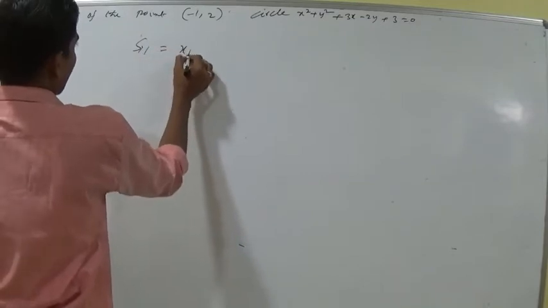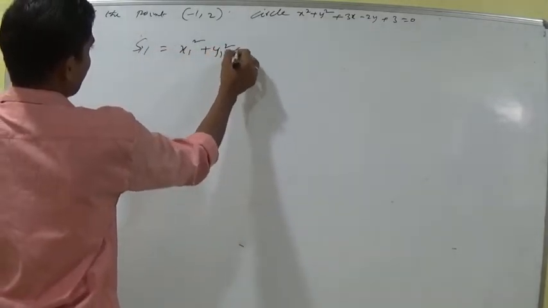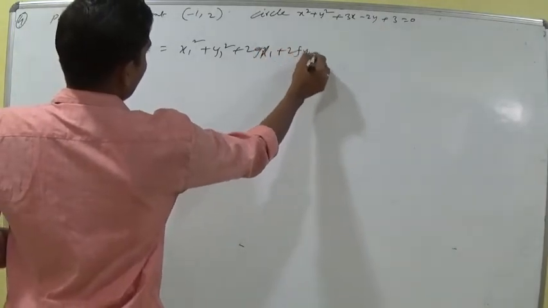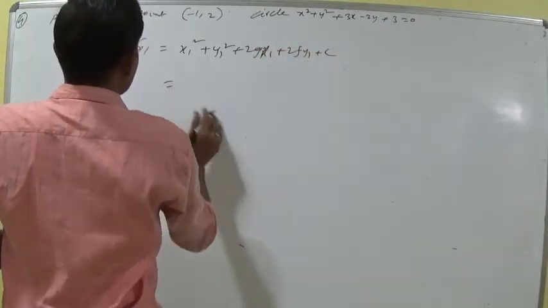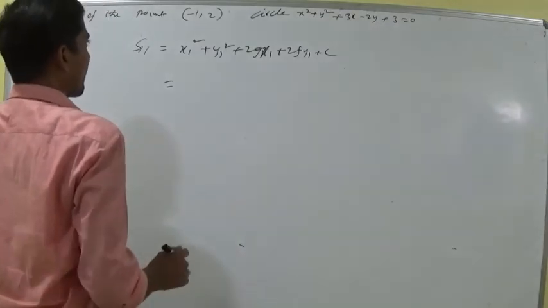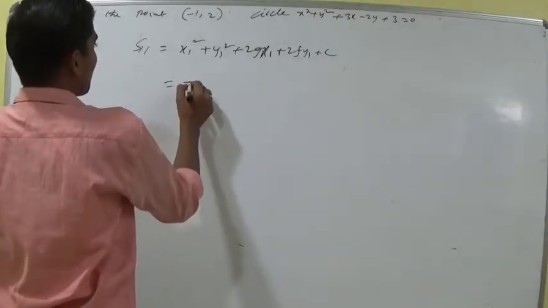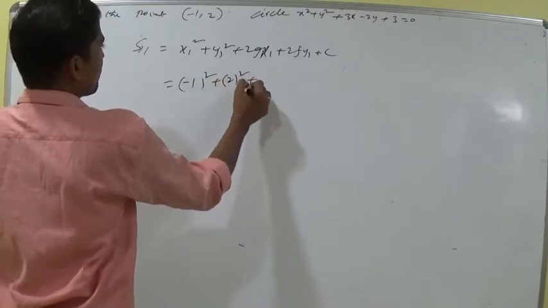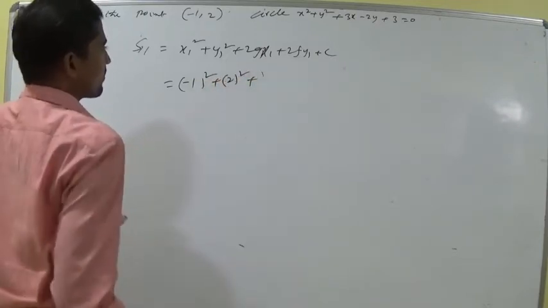S11 is equal to x1 square plus y1 square plus 2gx1 plus 2fy1 plus c, which is equal to (minus 1) whole square, y1 square, (2) whole square, 2gx1.